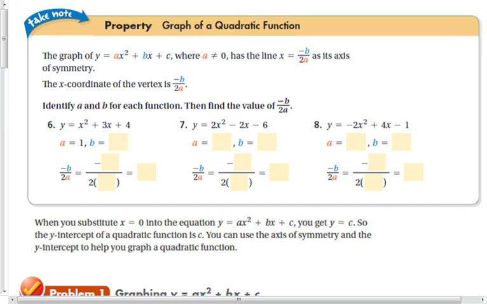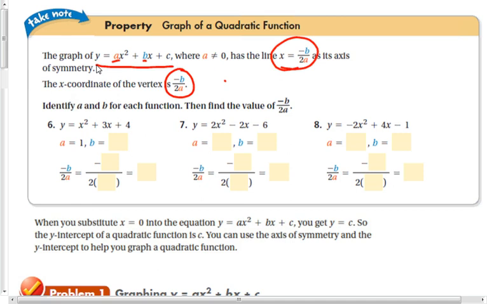If you have an equation in standard form, then the expression, the opposite of b over 2a, where b is the coefficient of the linear term and a is the coefficient of the squared term, will give you the x-coordinate of the vertex, or the line of symmetry if we write it like that.